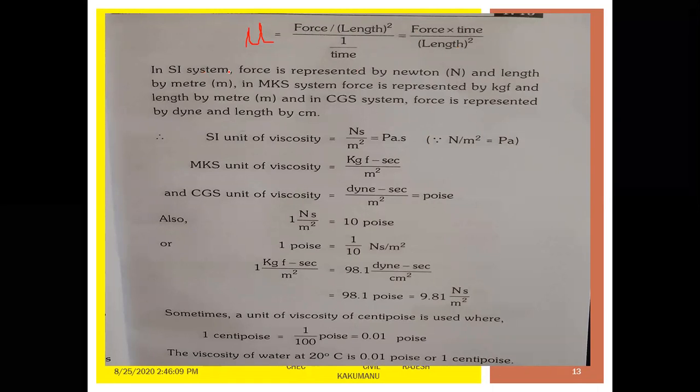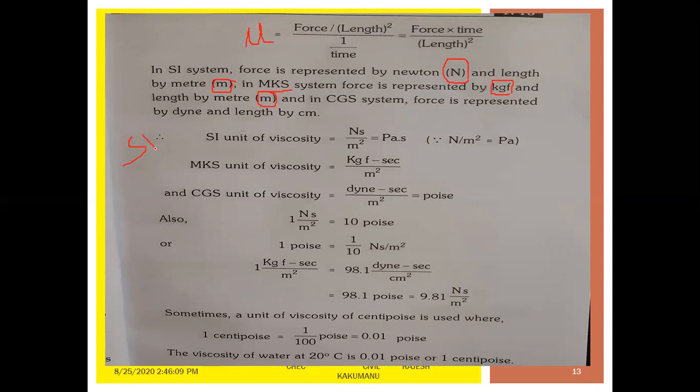Now in SI systems the force is represented by newtons. In SI systems లో newton గా represent చేస్తున్నాము. The length is represented by meters. In MKS system the force is represented by kg force and the length is represented by meters. So SI systems, MKS systems, ఇవన్నీ మీకు ఆల్రెడీ తెలుసుంటాయి.